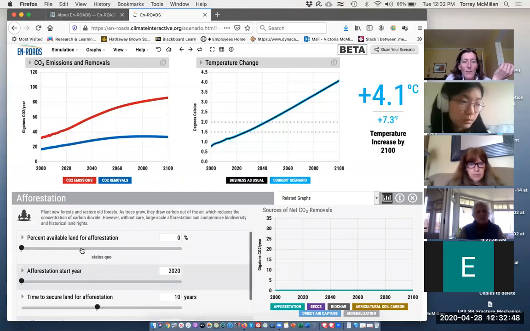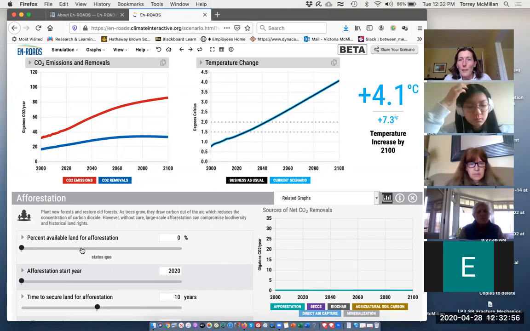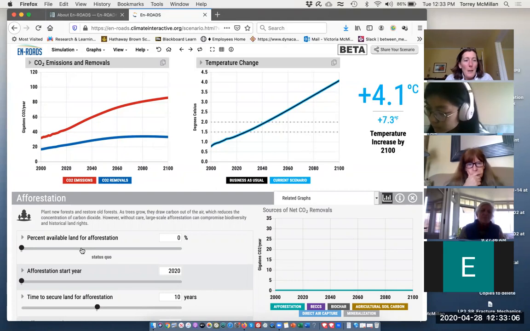And there is actually limited land area on which we can plant trees. So that's one of the things that this takes into account, is that we can't just cover the whole planet with trees, right? Some areas are not suited to growing trees, and other areas we have now colonized basically to the point that we can't just cover it in trees.